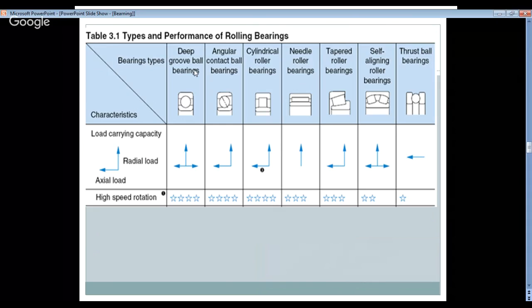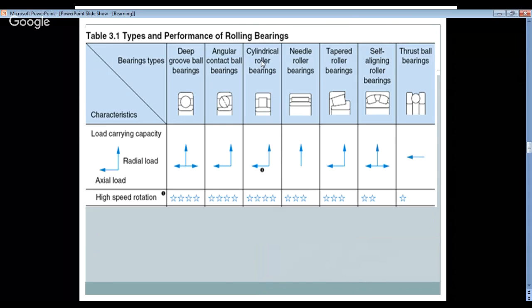ball bearing. As we have seen, the rolling element is of two natures. In this case, rolling element is ball, while in case of this bearing, rolling element is the roller. Obviously, in case of ball bearing, contact is like point. In case of this bearing, contact is like line.